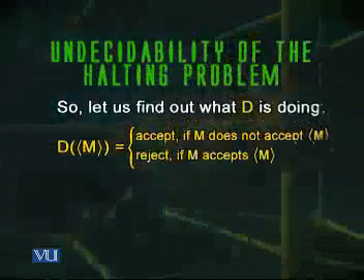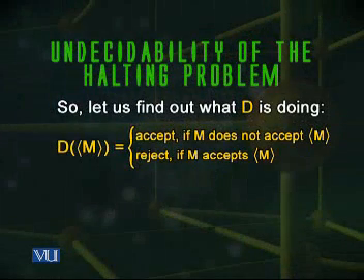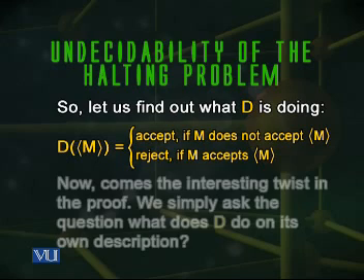Now this Turing machine D finds out if a machine M accepts its own description or not. If it accepts its own description, then D rejects those Turing machines. So let's look at what D is doing. D on input, which is an encoding of M, will accept if M does not accept its own description, and it will reject if M accepts its own description.